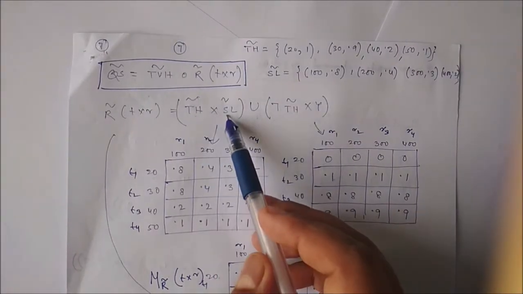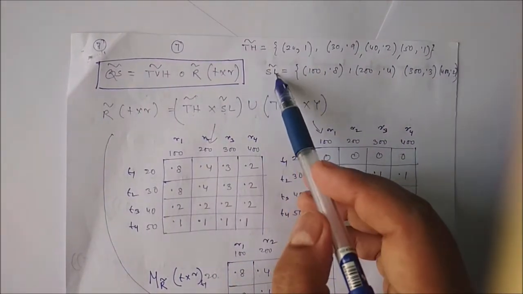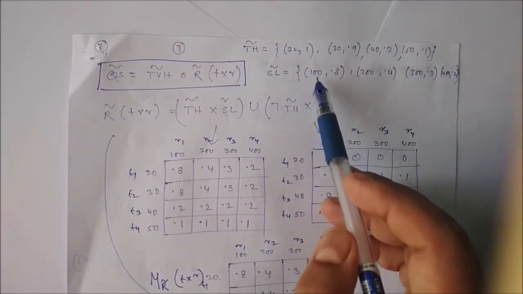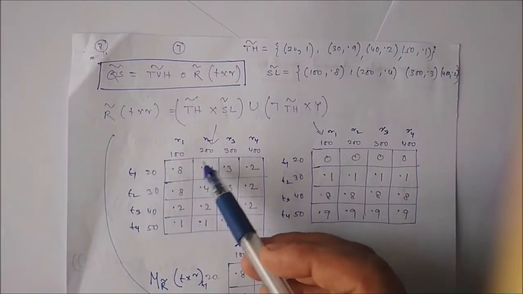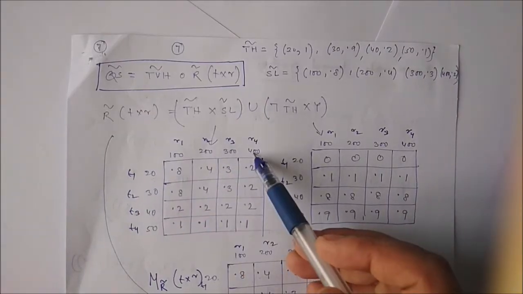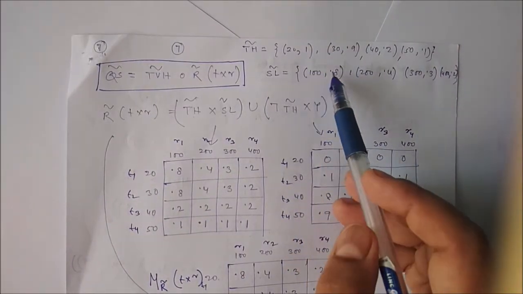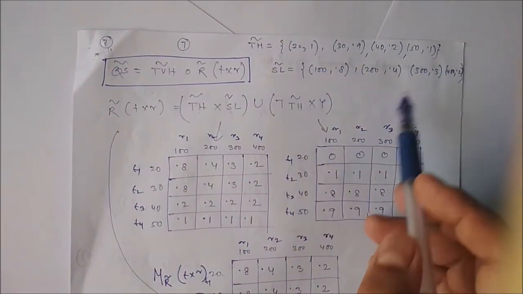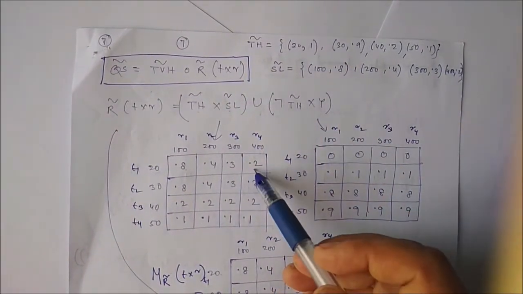So TH cross SL: we have to take the minimum, comparing these two. For 20 with 100, 200, 300, 400, the values 1 and 0.8 give minimum 0.8; 1 and 0.4 give 0.4; 1 and 0.3 give 0.3; 1 and 0.2 give 0.2.